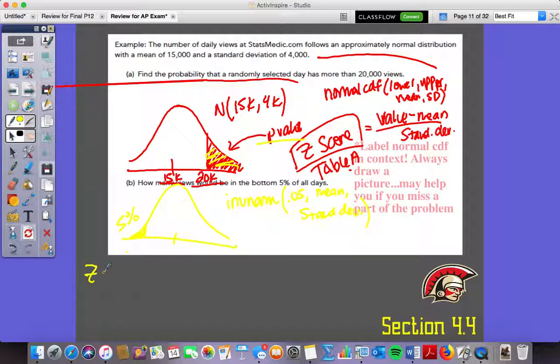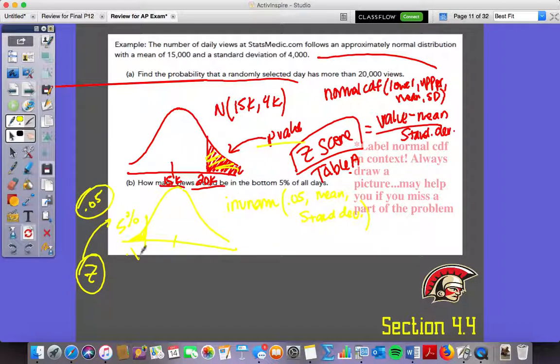But z-score, we would have to actually find our z-score by going to table A and finding where 0.05 is in the middle. And you're basically finding what is the z-score of that value. Okay? Are we good so far?